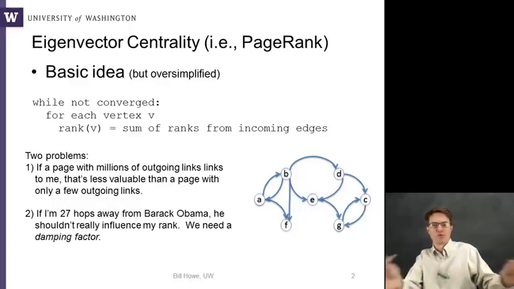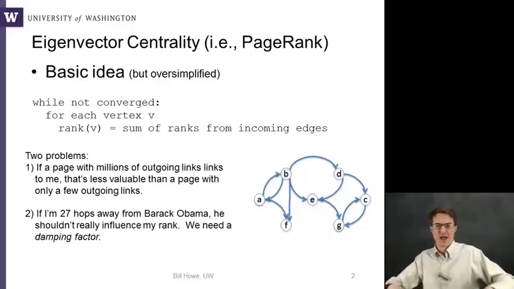Meanwhile, you distribute your rank to all your friends, right? And you do that. You repeat this passing of rank, of weight, of importance across the network, across the graph, until you reach some convergence condition. And then that convergence condition gives you a relative score of who's more important than who, perhaps. Which vertex is more important than which other vertex.